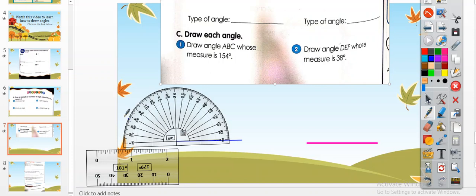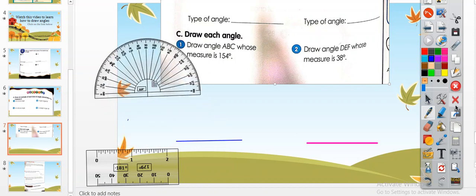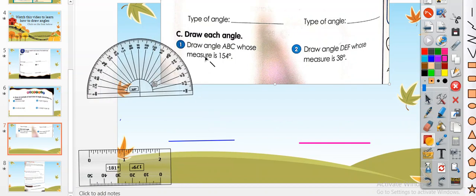So just put a mark and remove the protractor. Then use the ruler to draw a straight line. Here we go. I will draw it using this tool because it is much easier than using the ruler here. So this is the 154 angle.